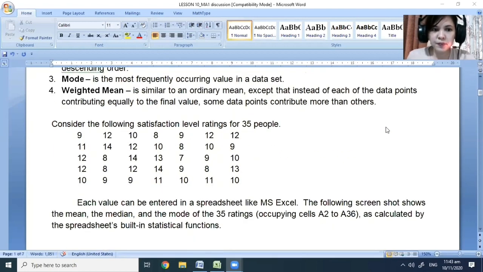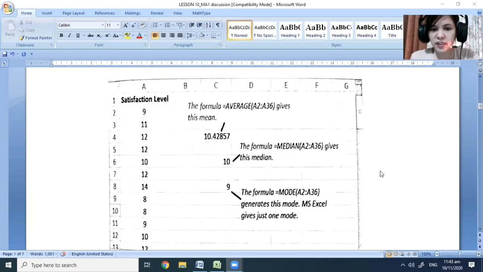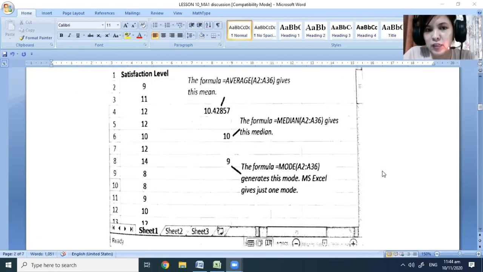Unbalanced scores. Consider the following satisfaction level ratings for 35 people. So, we have here a raw data, not yet organized. Then, each value can be entered in a spreadsheet like MS Excel. So, here is a screenshot of the computation of the measures of central tendency using Excel. So, how are we going to compute this?